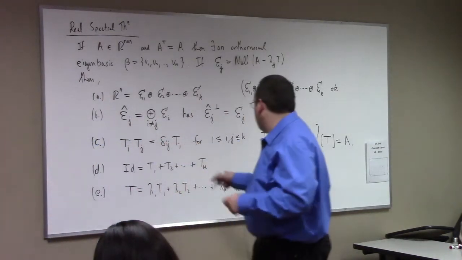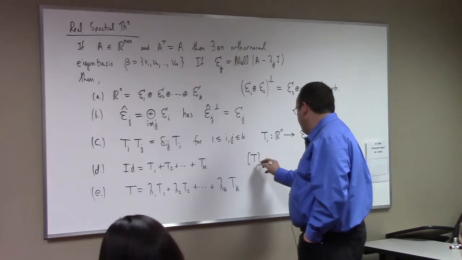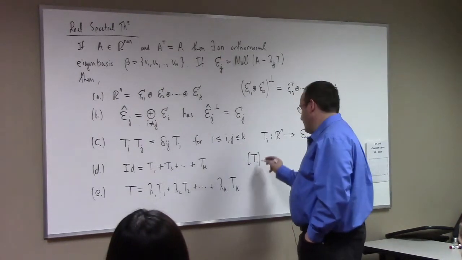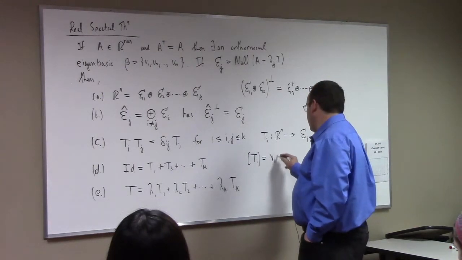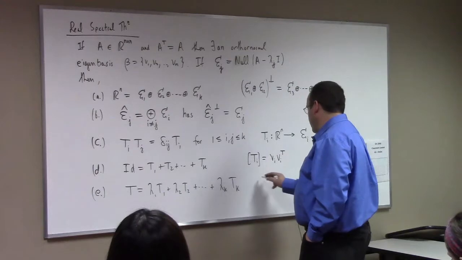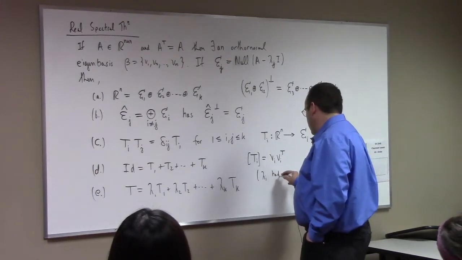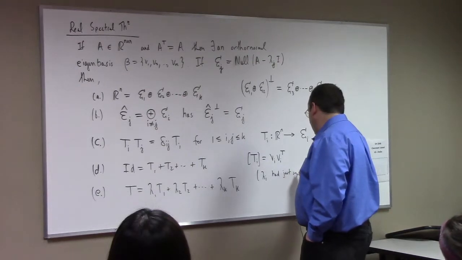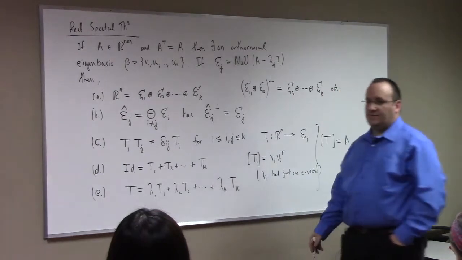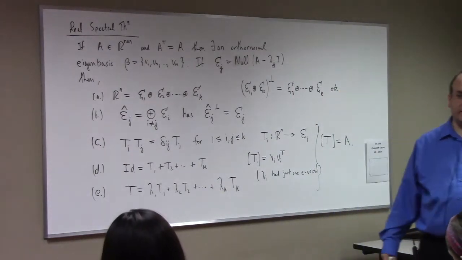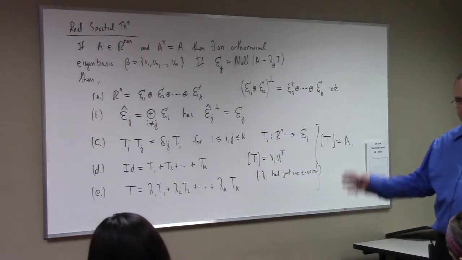If you wanted me to tell you what's the matrix of T_i, it would be something like v_i v_i transpose, provided that lambda i had just one eigenvector. If you have more than one eigenvector, you need a sum of these or something, but I don't want to get into all that.